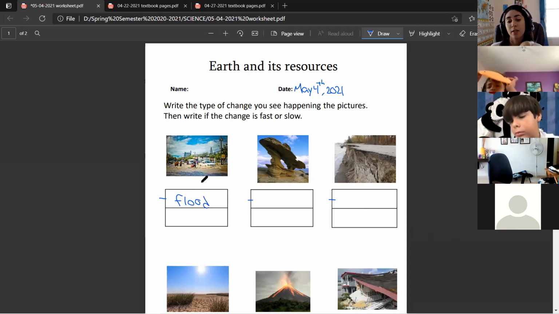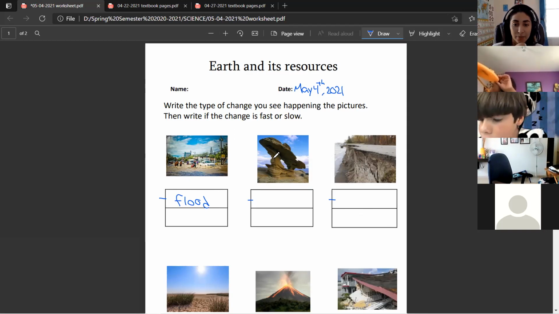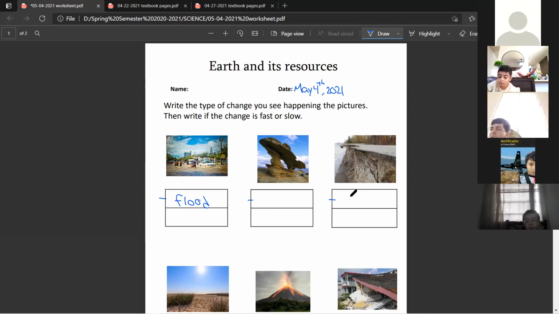What about the second picture? There's a change happening here. What is the name of this change? Who knows? It starts with the letter W. It's a long word.